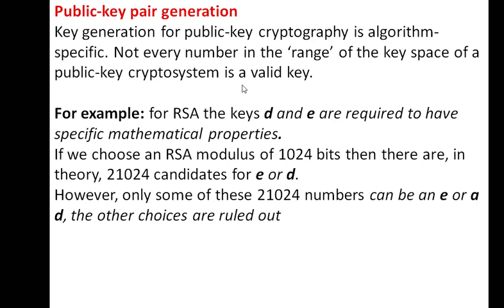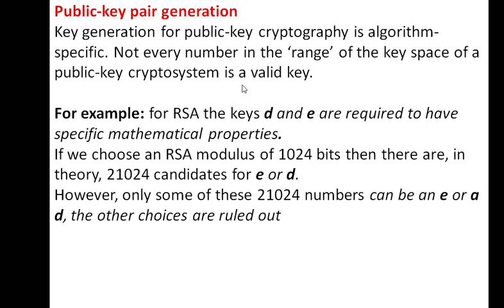Public key pair generation. Key generation for public key cryptography is algorithm specific. Not every number in the range of the key space of a public key cryptosystem is a valid key. For example, in RSA, the keys d and e are required to have specific mathematical properties.